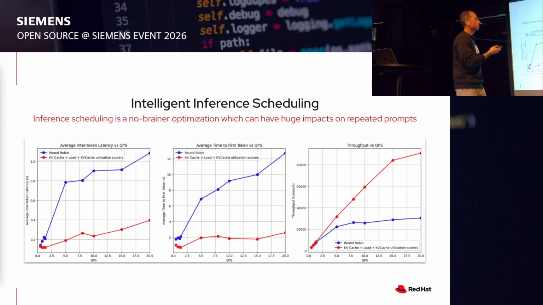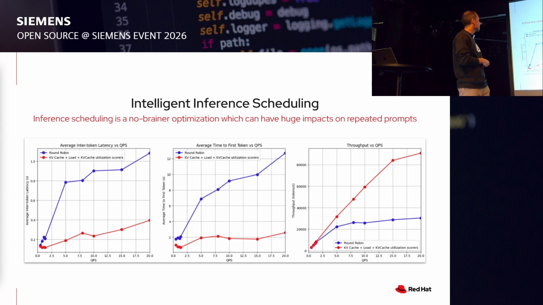This is just to give you, not some numbers, but a graphical view. In the round robin case, which is the blue line, look at the inter-token latency, which is the time between every token during the decode phase. When you're talking to ChatGPT or whatever, you see tokens appearing very quickly. That's the inter-token latency.